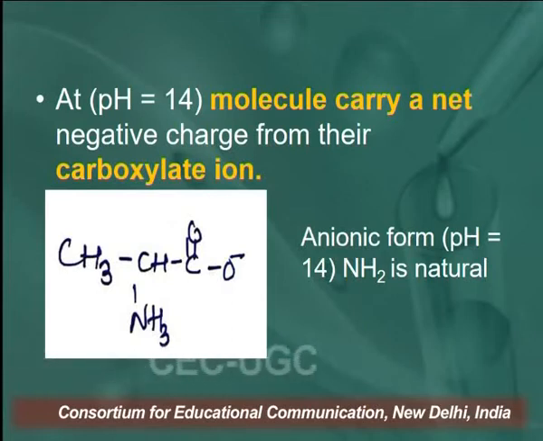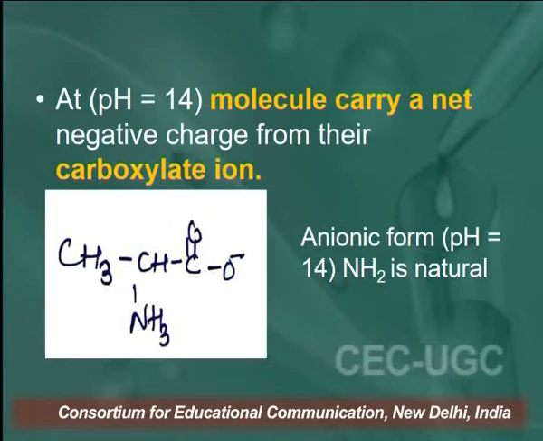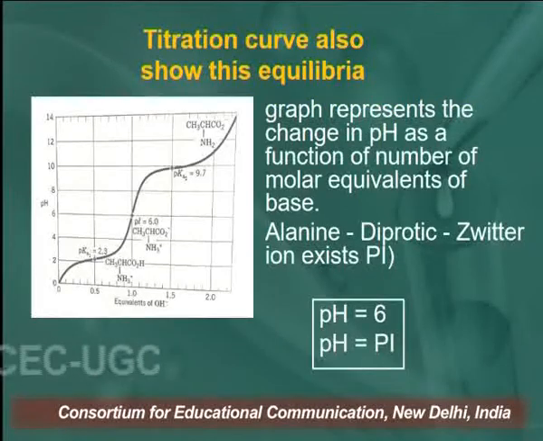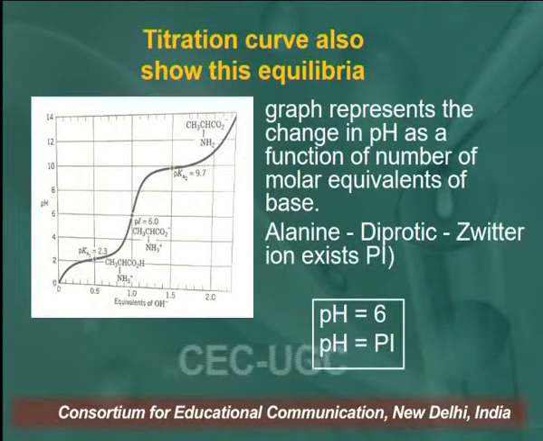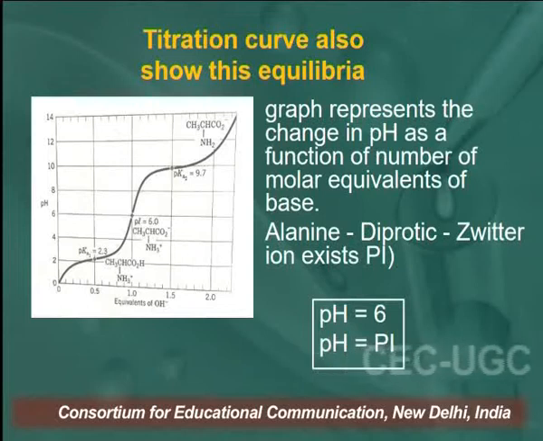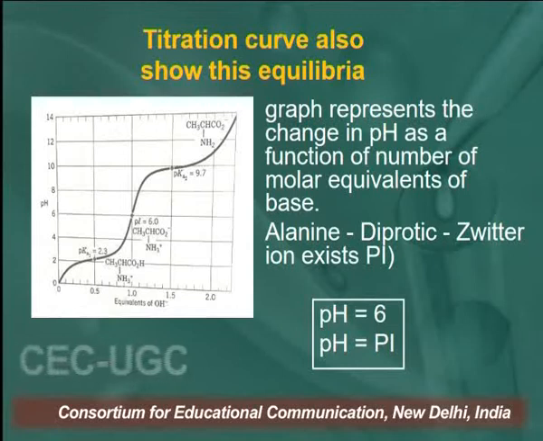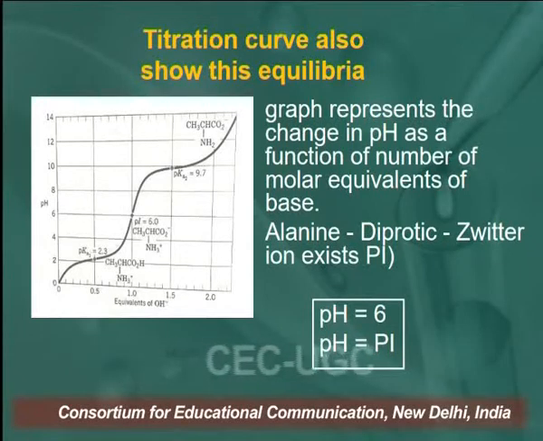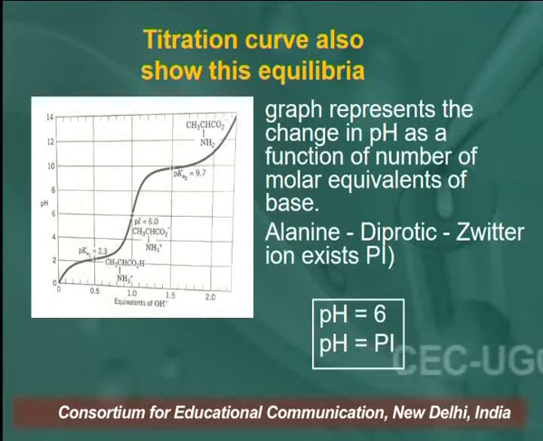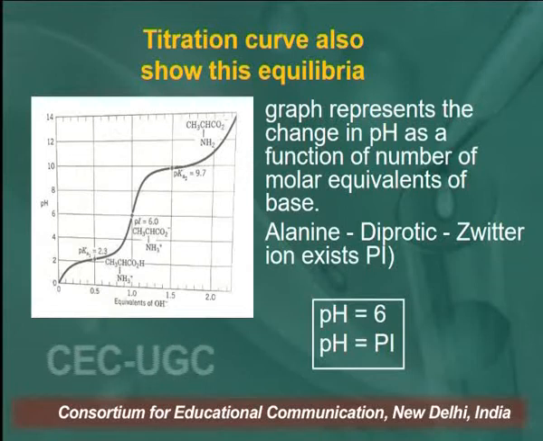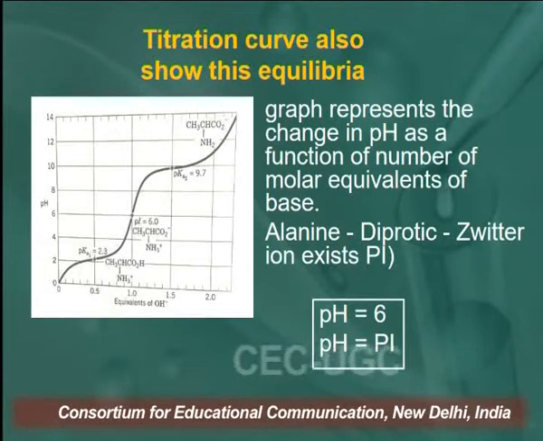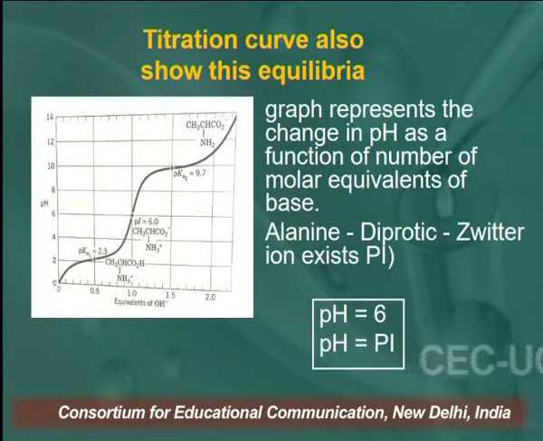So at pH 14, the molecule carries a net negative charge from its carboxylate. It means the anionic form at pH 14, the NH2, is in neutral form. This is the titration curve which shows the equilibrium, and the graph represents the change in pH as a function of the molar equivalents of base. As you can see, at pH 6 alanine exists as a Zwitter ion. As the pH increases, deprotonation takes place from the carboxylic acid.